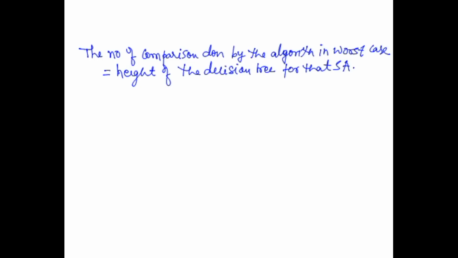We have seen that the number of comparisons you do in the worst case is actually equal to the height of the decision tree.